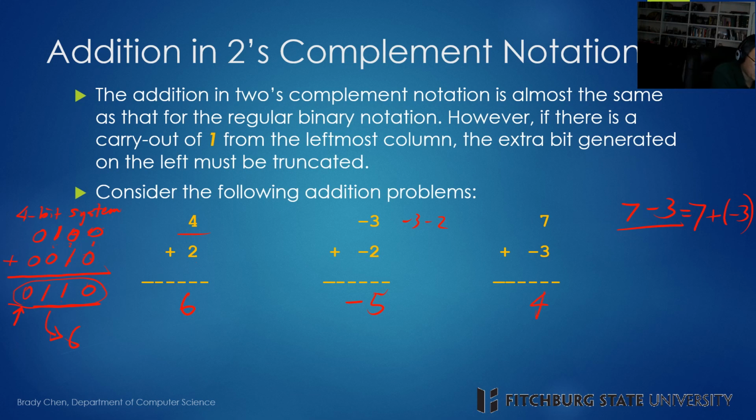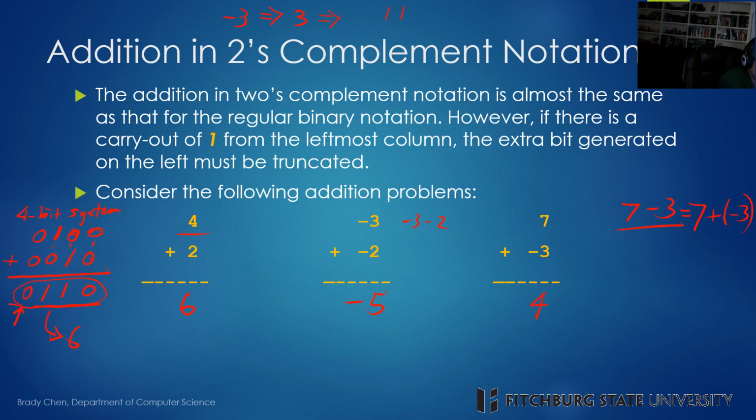Now let's take a look at the second problem, -3 plus -2. We need to convert -3 into 2's complement notation, convert -2 into 2's complement notation, and then perform the addition. What's the 2's complement notation for -3? First we look at the absolute value, which is 3, and we get 0, 0, 1, 1.